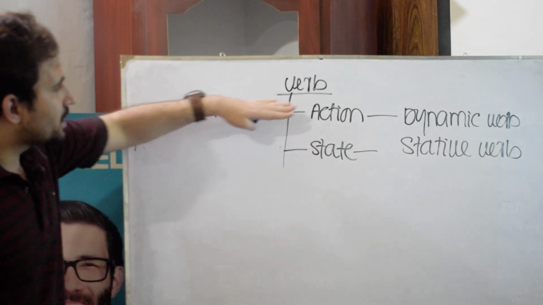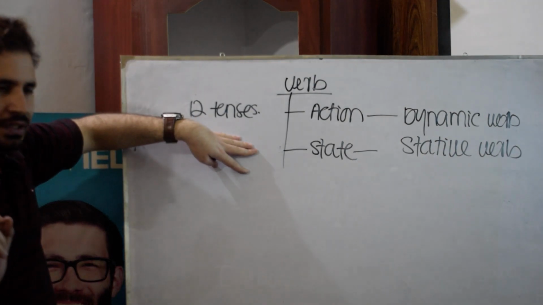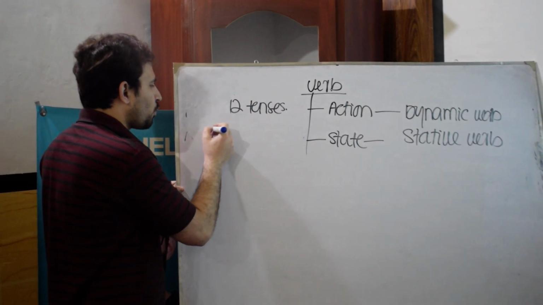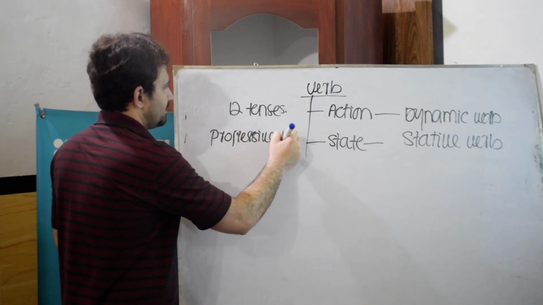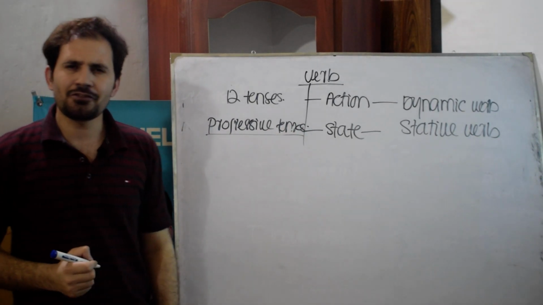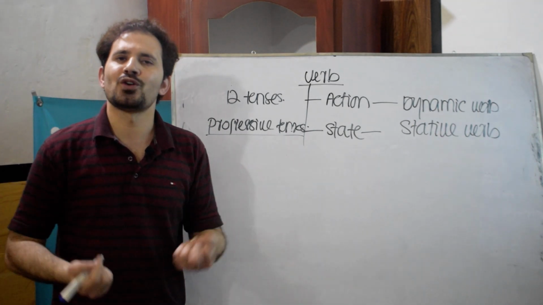But remember, stative verbs are not used in progressive tenses. We cannot use them with the verb ing.